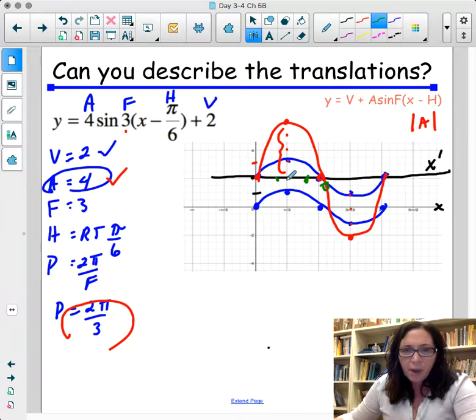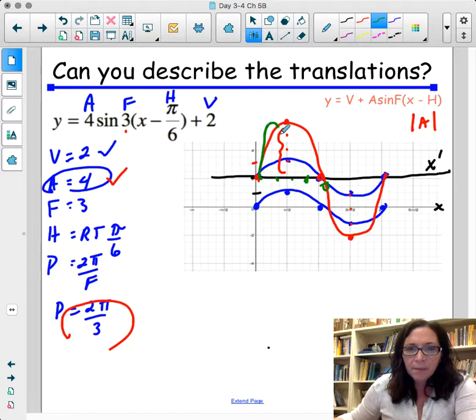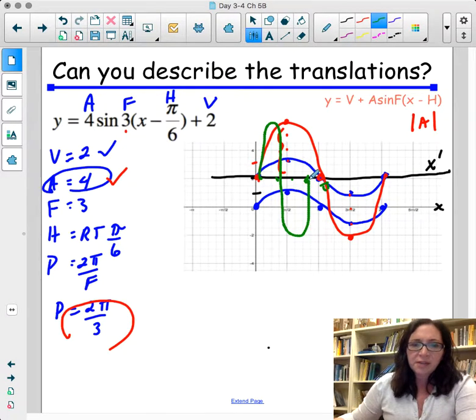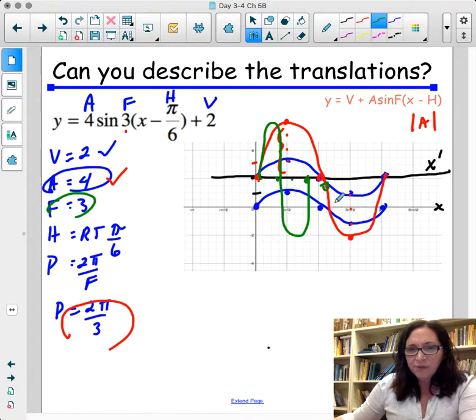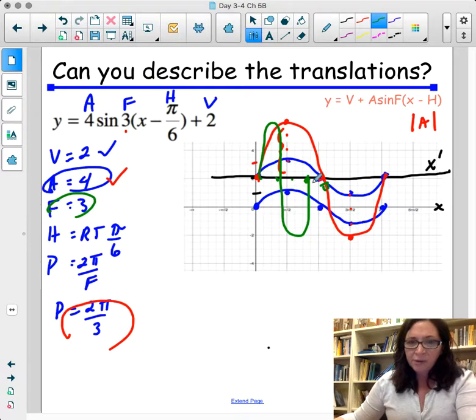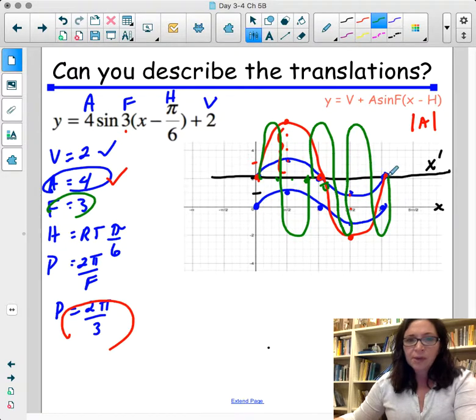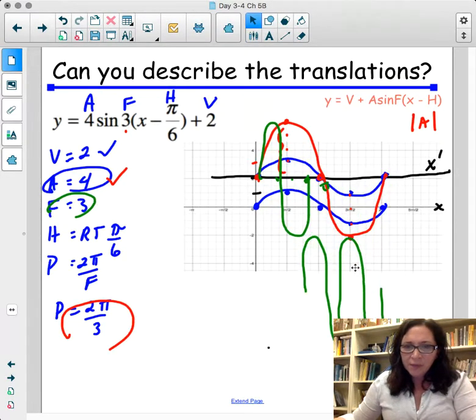So 2 pi over 3, I've got pi over 3. My graph is going to go up, come down, and end, just like that. And if you were to graph the frequency, what that means is you would do this 3 times in a 2 pi period. So that's like 1, there would be 2, and then you would do it 3. But for the case of this, I'm going to move this away.